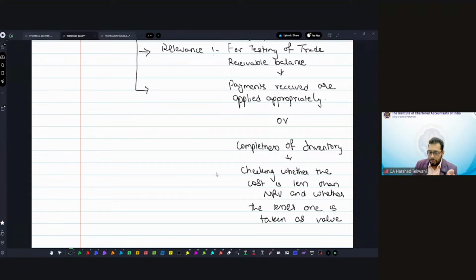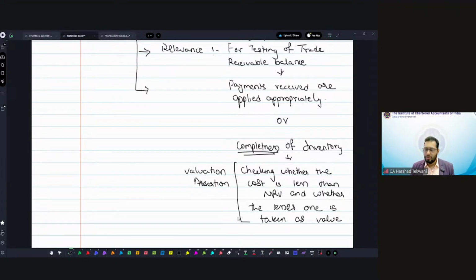The reason is that by checking the NRV or cost, I am talking about the valuation. This is nothing but the valuation assertion. I need completeness. Can I say the procedure performed on valuation will give me comfort on completeness?